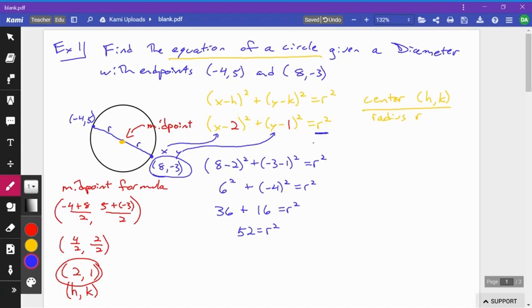So here is then my final equation of the circle. I get this: (x - 2)^2 + (y - 1)^2 = 52. And that is going to be the equation of the circle that has -4, 5, and 8, -3 as endpoints of a diameter.